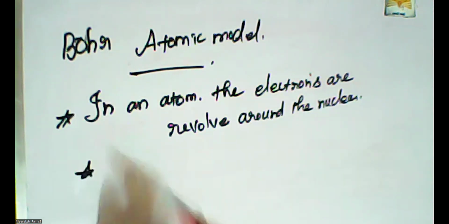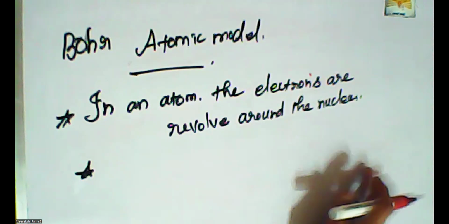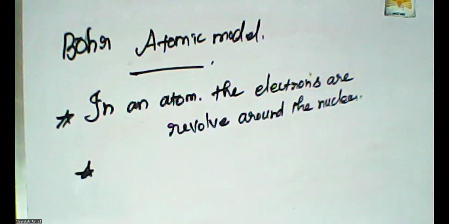So, in an atom, the electrons revolve around the nucleus. While revolving around the nucleus, the path is called an orbit.